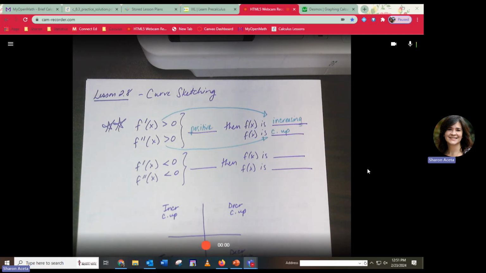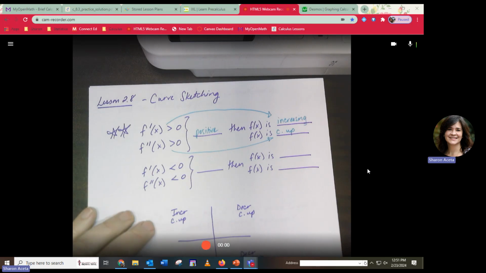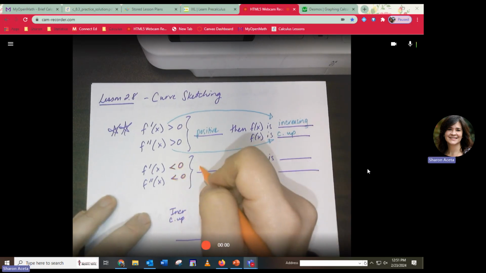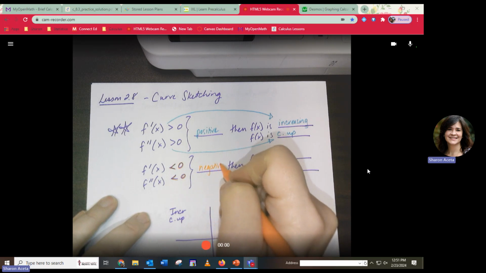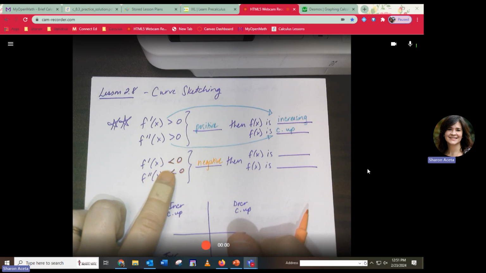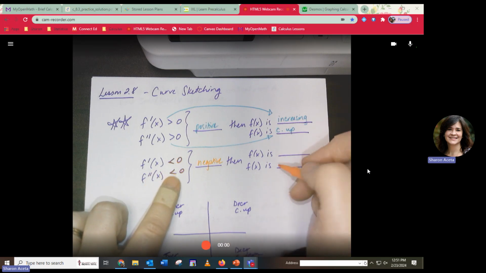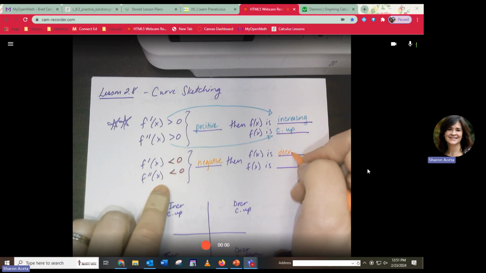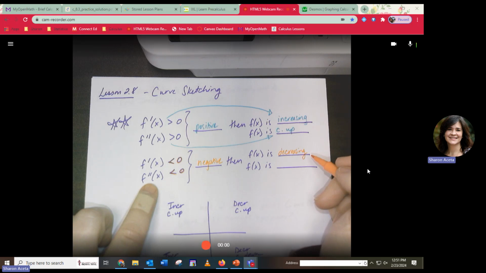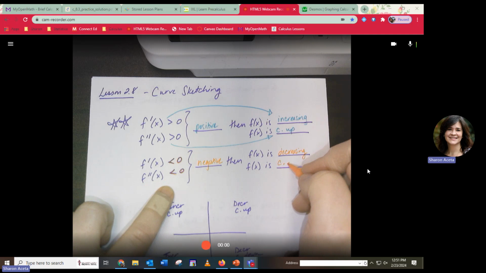Now the opposite is true. If it's less than 0, that means your numbers are negative. A first derivative value less than 0 means the original function is decreasing, whereas a second derivative less than 0 is saying I'm concave down.